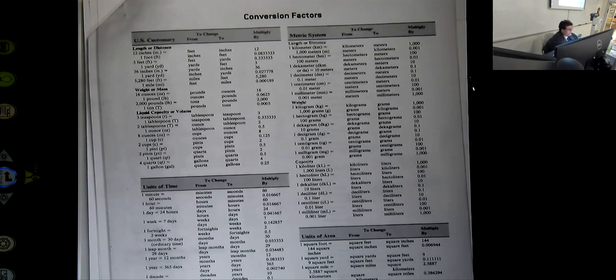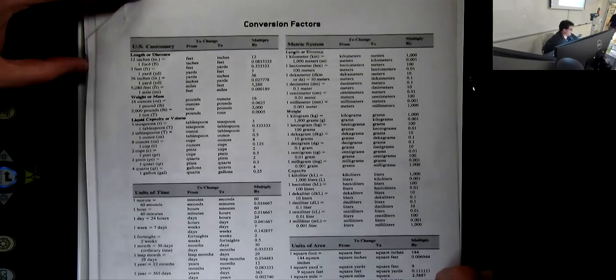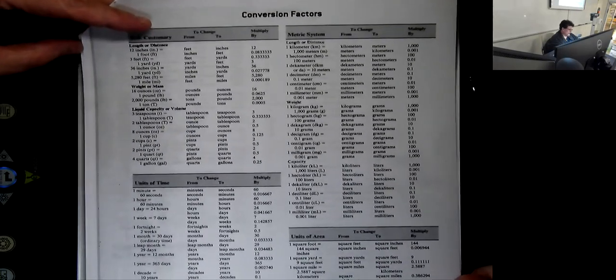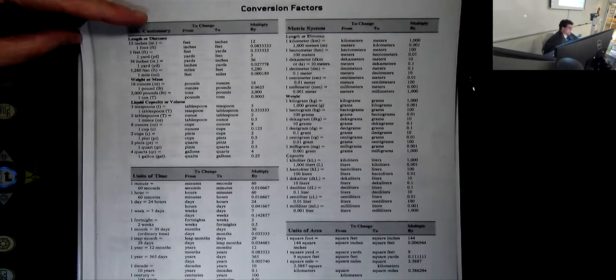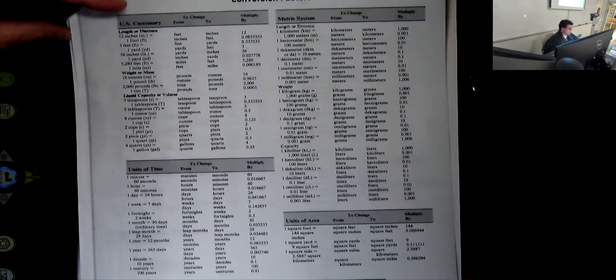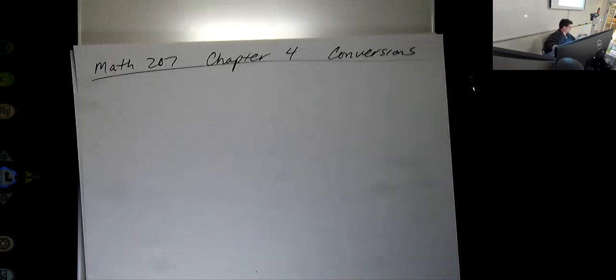Some of them, hopefully you do memorize over the course of the class, like inches in a foot. Since you do live in America, you should know our units, but the conversion between like meters to feet, no. So let's look at conversions. And I'm going to reference this too because I don't know most of them as well.